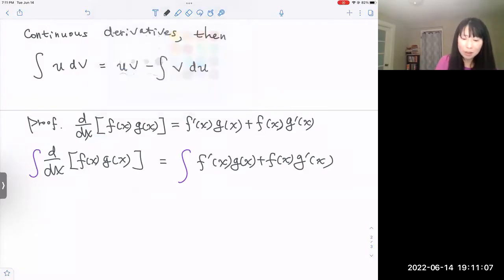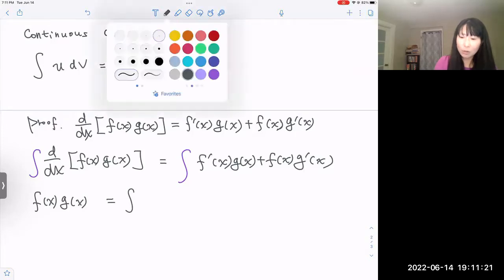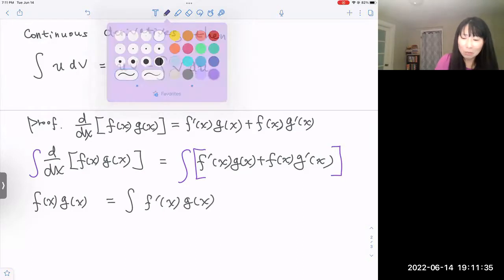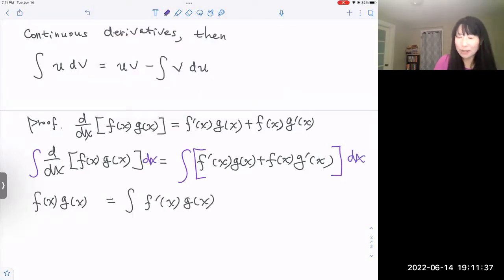So we have just like this, right? Then we have integral of, so basically when we integrate the whole thing, we have f prime of x, g of x, dx. Then we can split term by term. So we have this way, right?